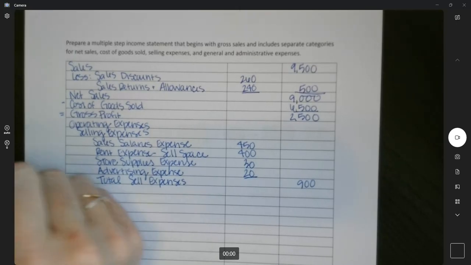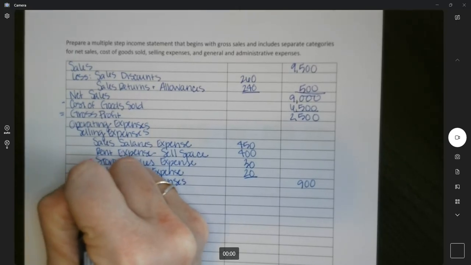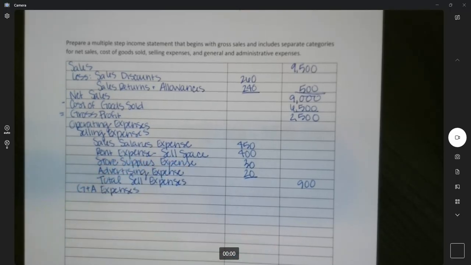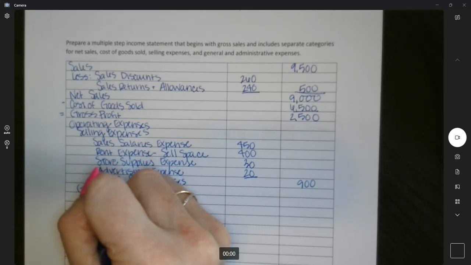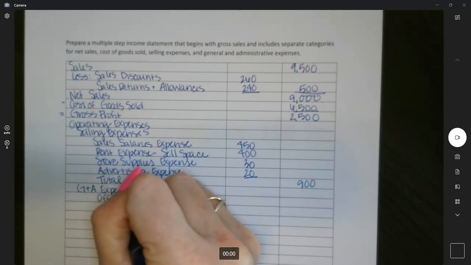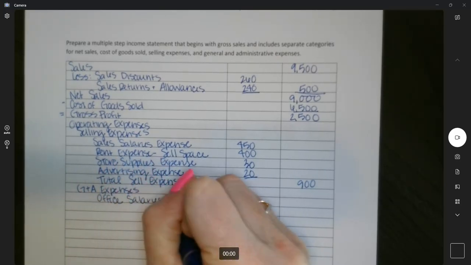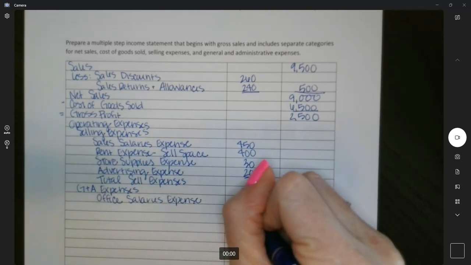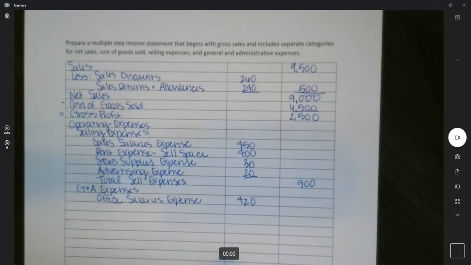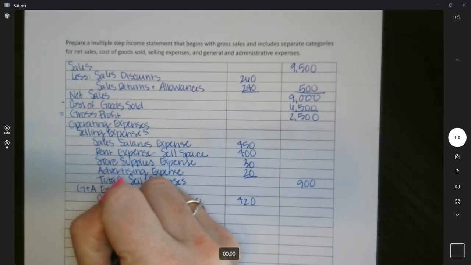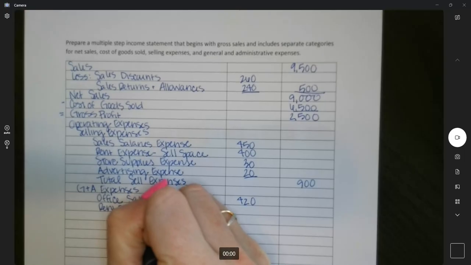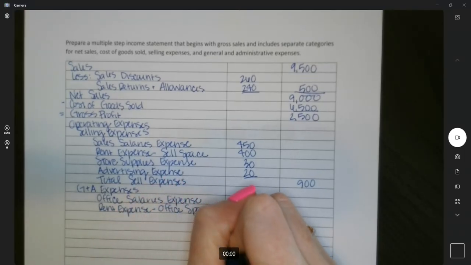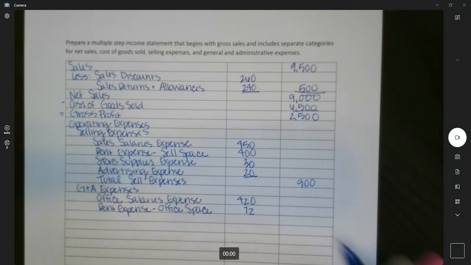Next up will be our general and admin expenses. This includes office salaries expense, which is $420. Rent expense for the office space, that's $72.